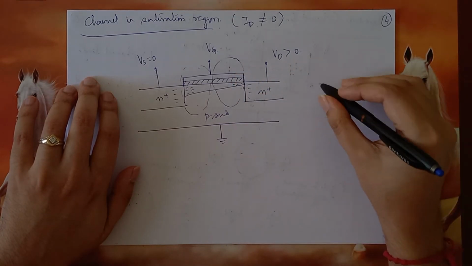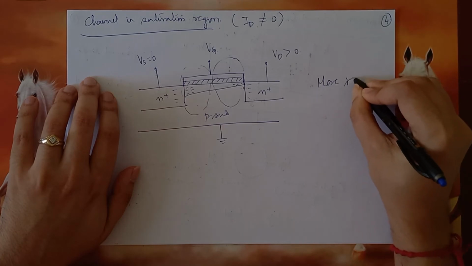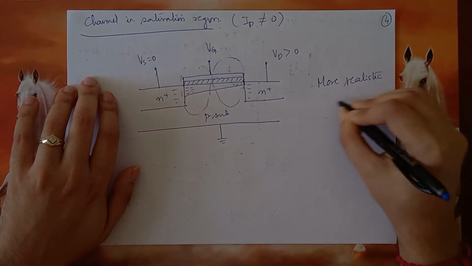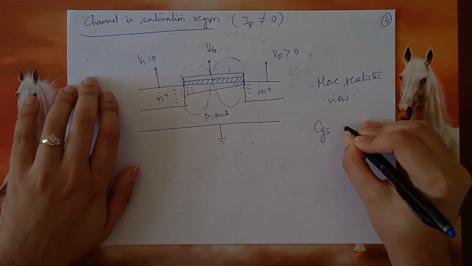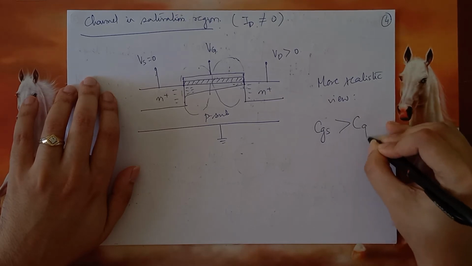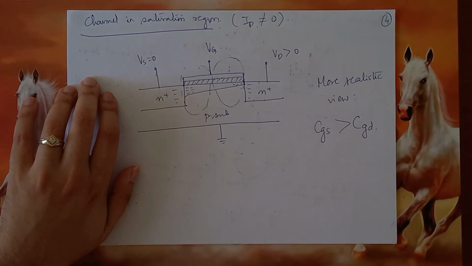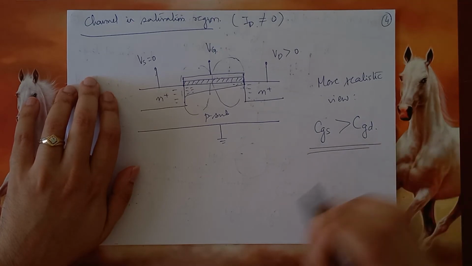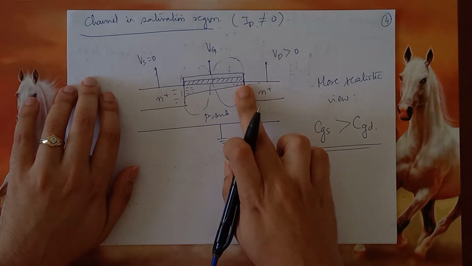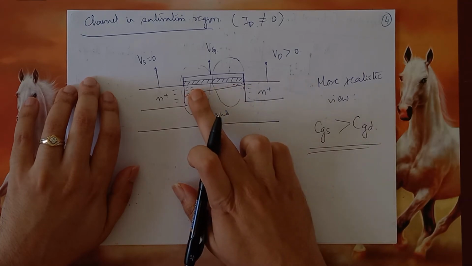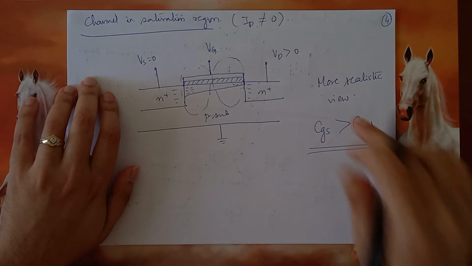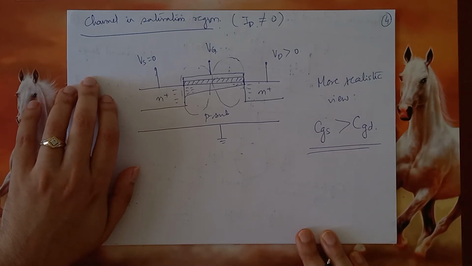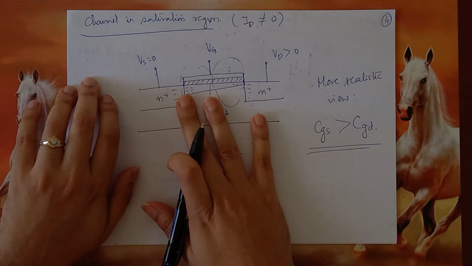So therefore, a more realistic view as compared to the ideal inversion is that the CGS is more than the CGD. This is for sure, because lesser charges will accumulate on the right hand side, more charges will accumulate on the left hand side. So therefore, the exact way to analyze would be really complex.